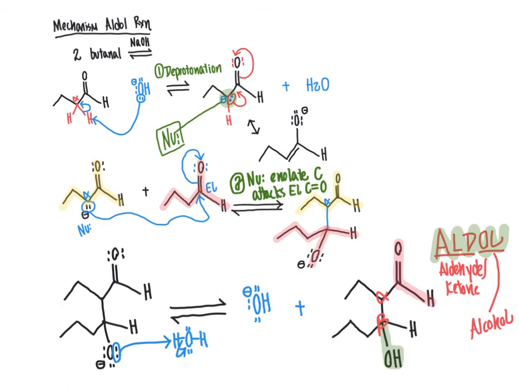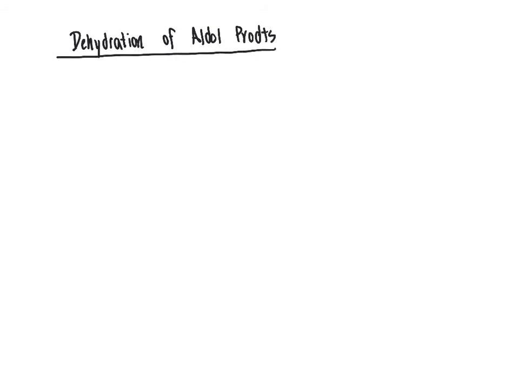So we're going to go ahead here and we're going to look at dehydration of aldol products. So the aldol reaction itself initially is going to yield a beta hydroxy aldehyde or ketone.